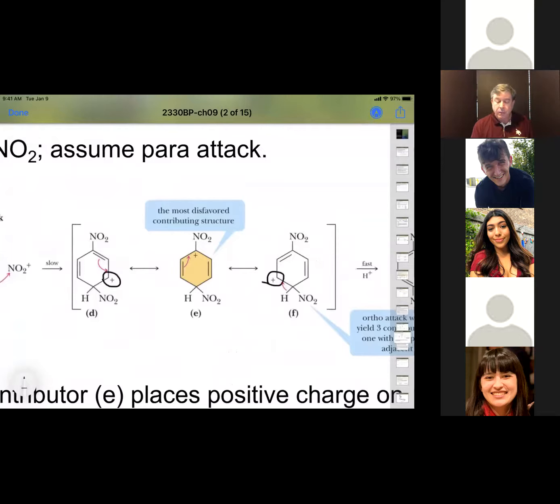But now, when we try to move that positive charge to this position here, we'll have a positive charge next to a positive charge. That doesn't want to have 2 positive charges next to each other. So that's going to be a very, very disfavored configuration, or very unlikely resonance structure. So you can almost cross that out as a possible resonance structure, giving you 2 resonance structures.